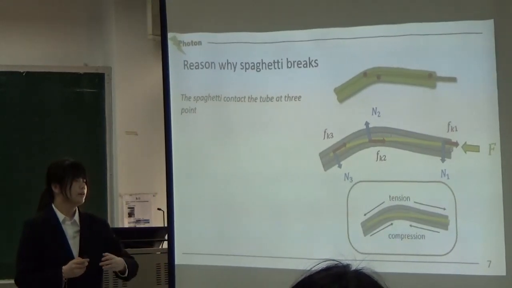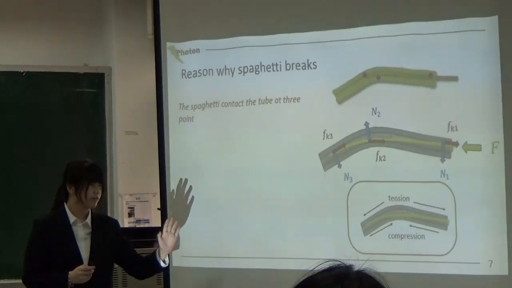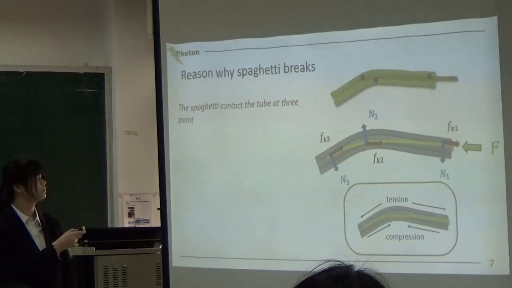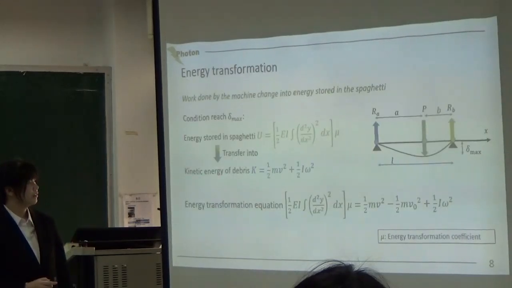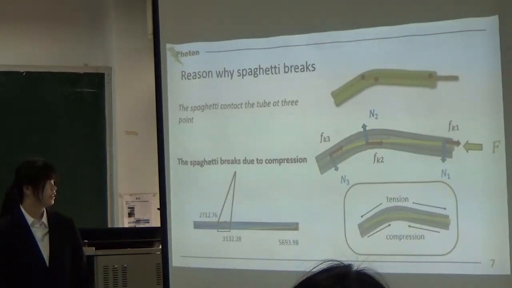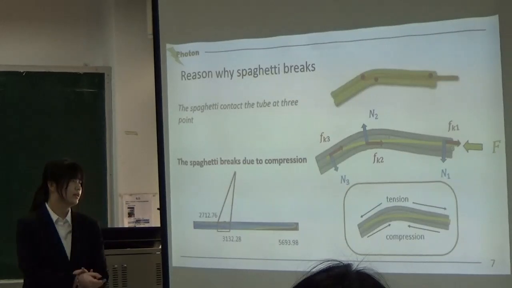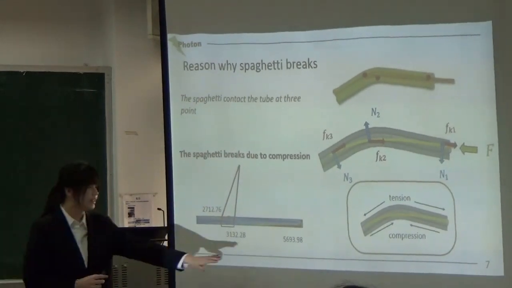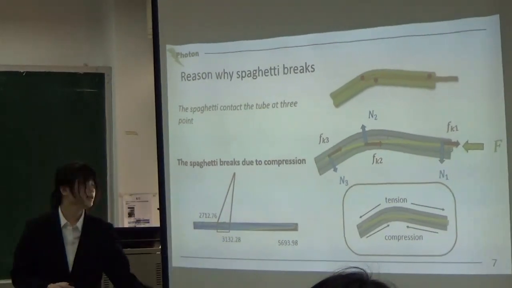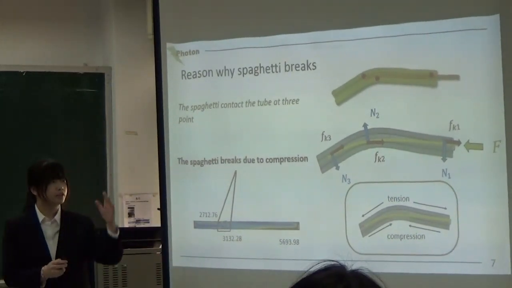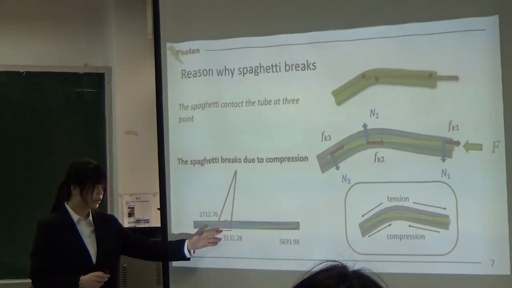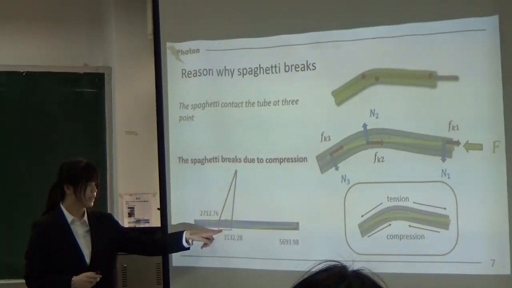So the outside has tension and the inside has compression. The spaghetti breaks in the straight part. But why doesn't it break here? It's because the right side has two limits. So the break is in the middle, at the maximum stress.